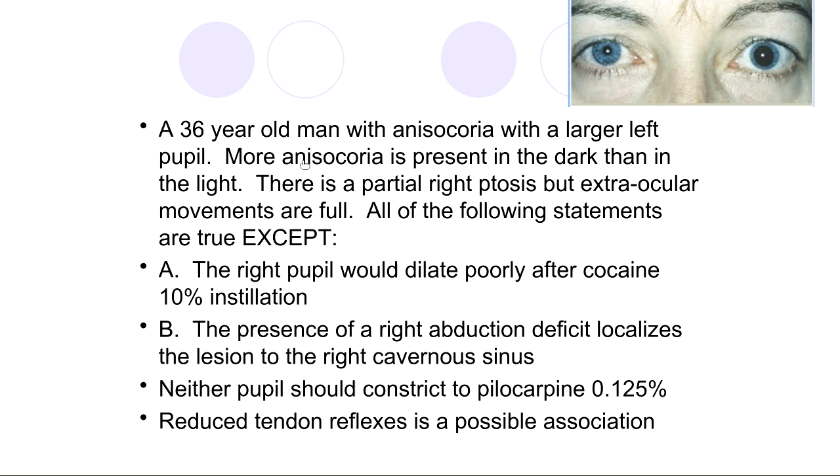More anisocoria is present in the dark than in the light. So we said in the dark, it's a smaller pupil that's the problem. Right away, you're thinking, if the pupil is small and there's a mild ptosis, then it must be a Horner syndrome.